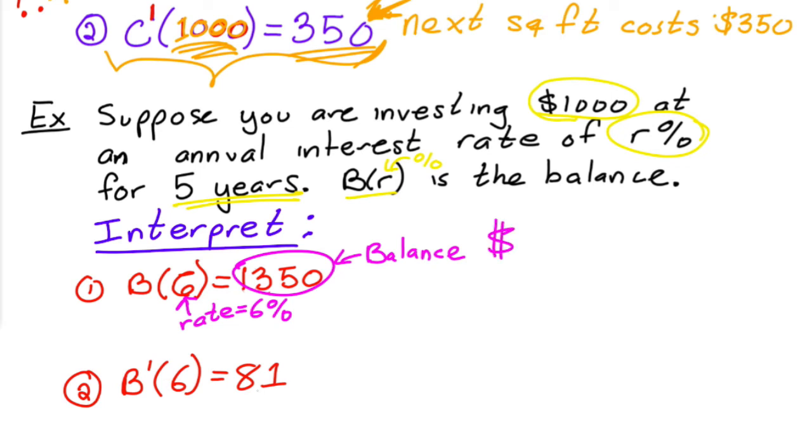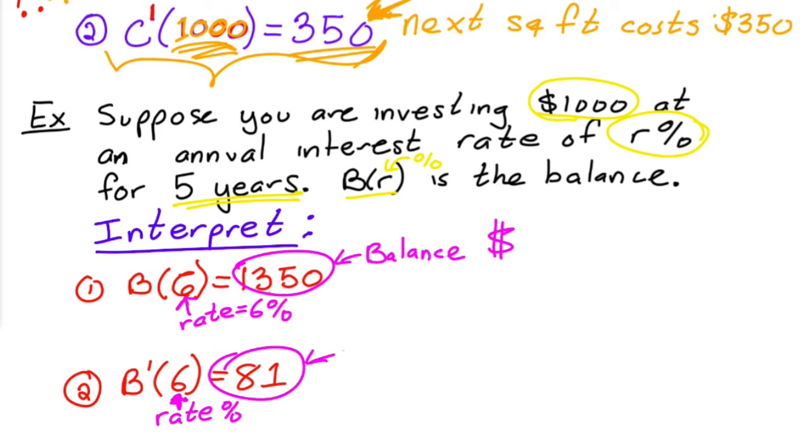Okay, now this one tells me, so this is exactly the same thing, the rate, percent. So exactly when the interest rate is 6%, what this tells me is this is the rate of change of the balance.